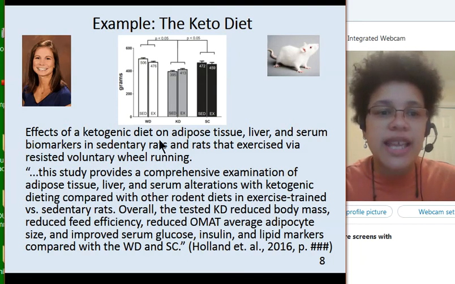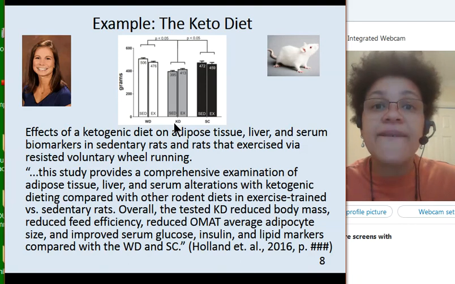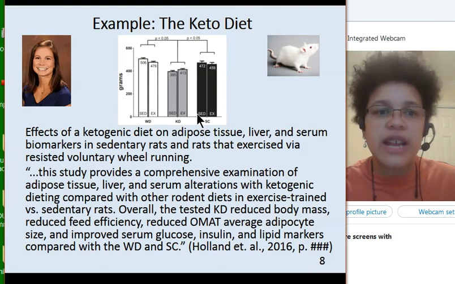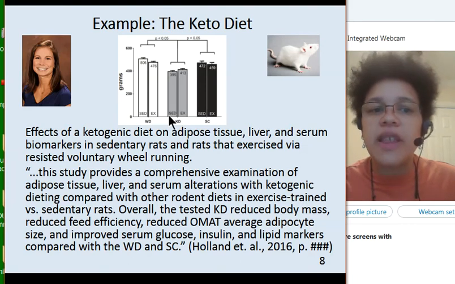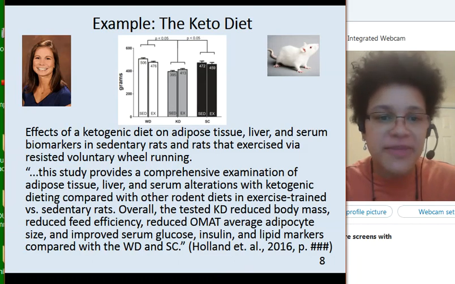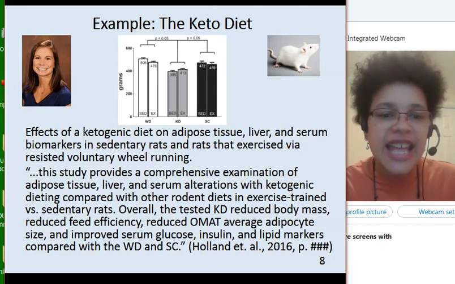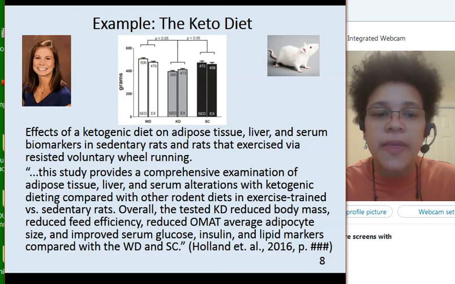Then there was the keto diet, which is high fat in comparison to the Western diet, high protein, and low carbs compared to the Western diet. And then there was the standard chow, what the rats are usually fed, right? And this study showed that you got a reduction in body mass compared with the other diets.